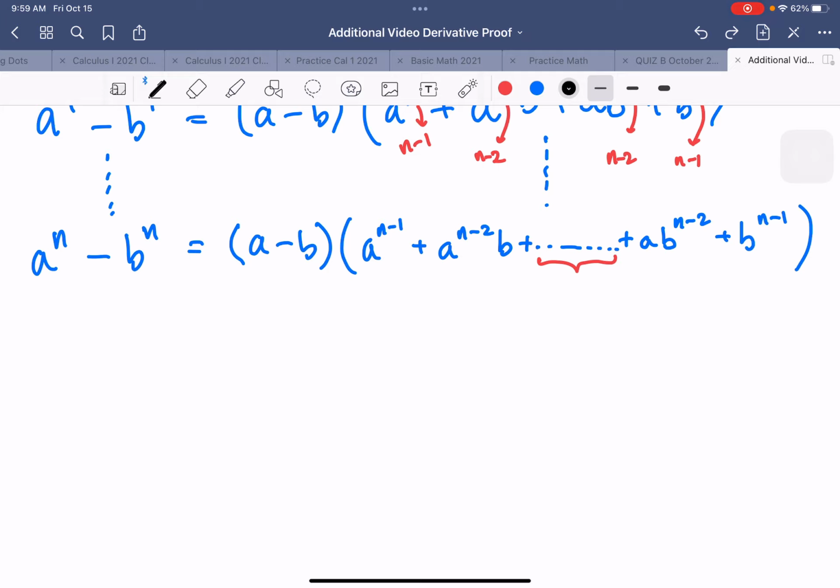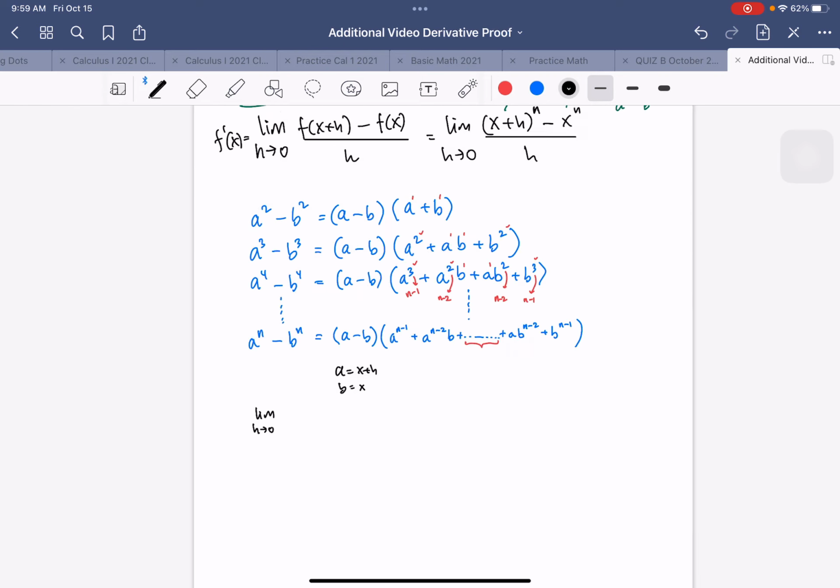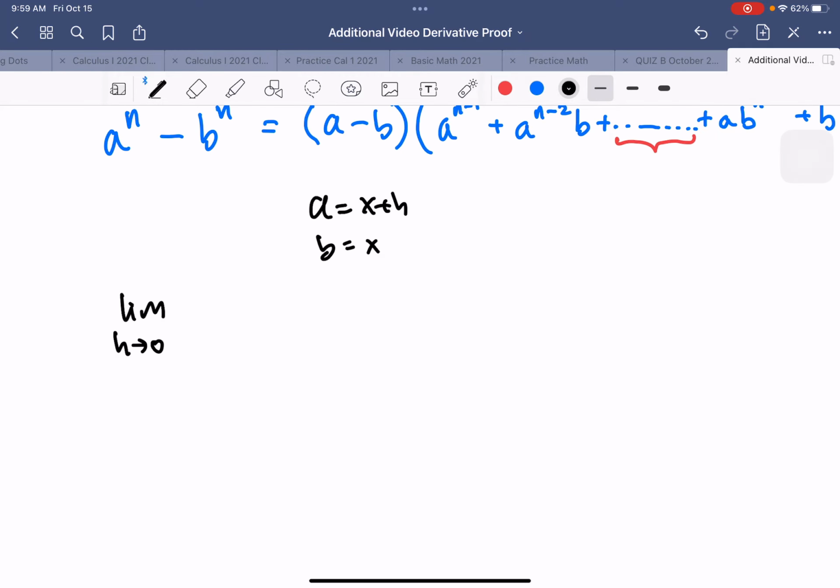Now by doing so, with a as x plus h and b as just x, we can write the limit as h approaching 0 of x plus h to the power of n, divided by h.